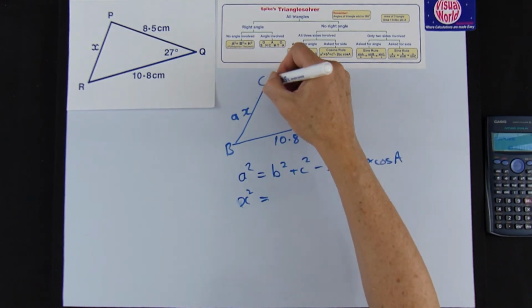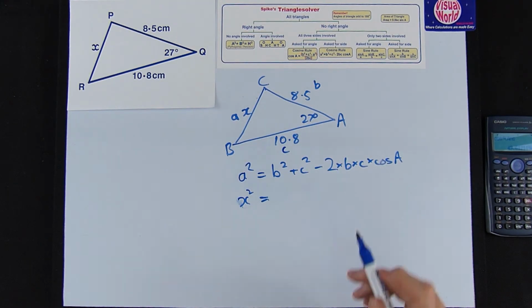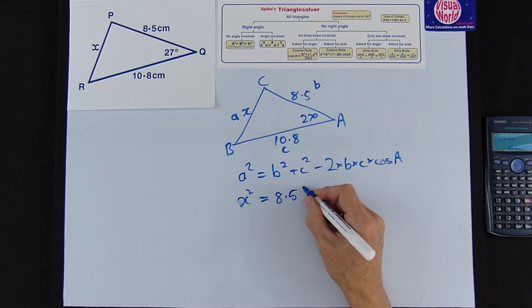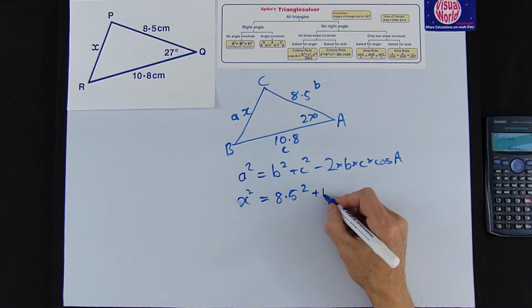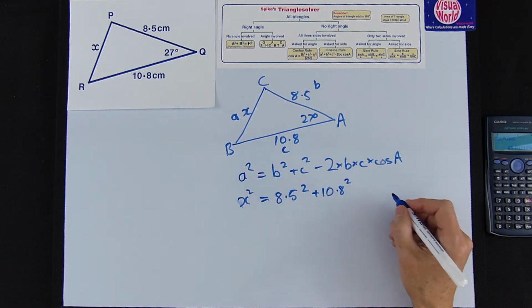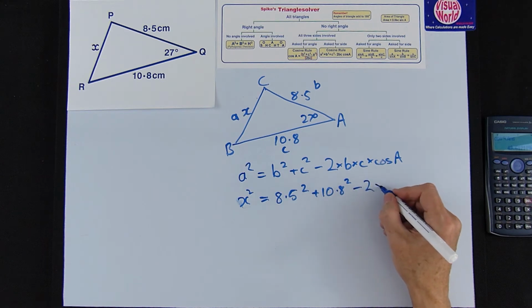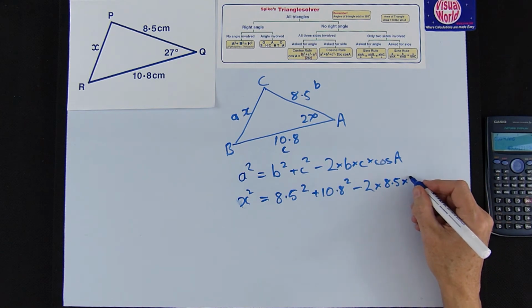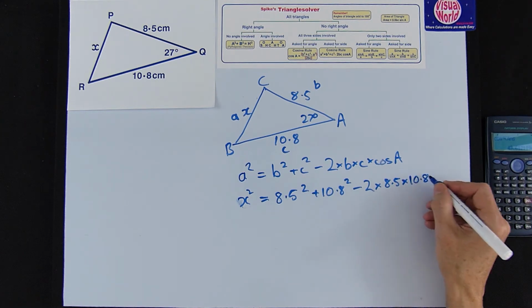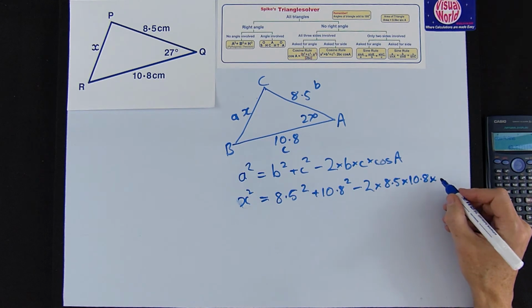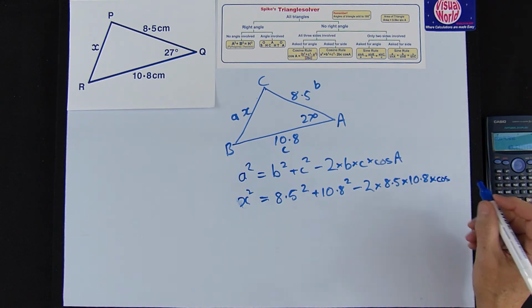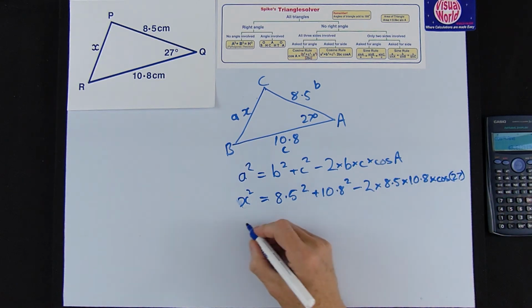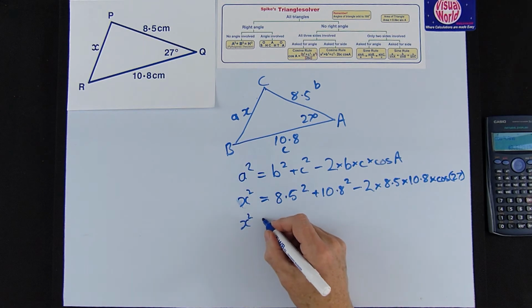B's there, C's opposite the C. So we've got B is 8.5 squared plus C is 10.8 squared minus 2 times B, which is 8.5, times C, which is 10.8, times cos, and the angle was 27, remember to have it in brackets, and we're ready to calculate the x squared.